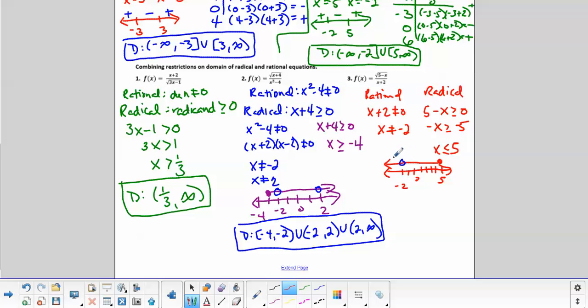We're going to say negative infinity up to negative 2. And then negative 2 to 5. We want to include the 5 because it's less than or equal to 5. But we did not want to include the negative 2, because x cannot equal negative 2.